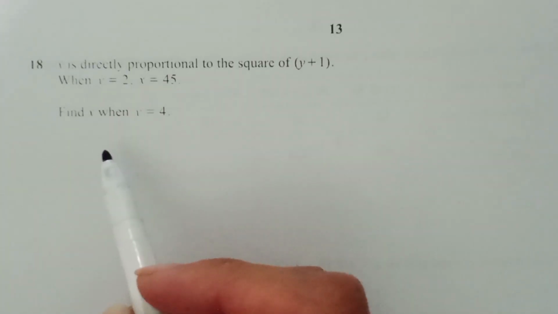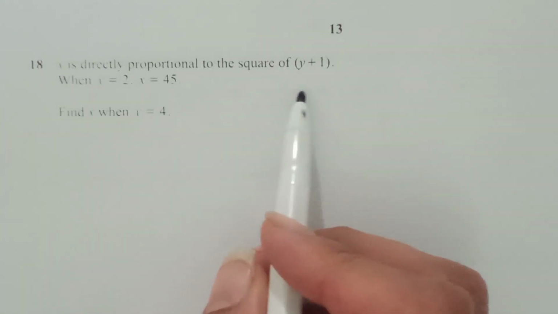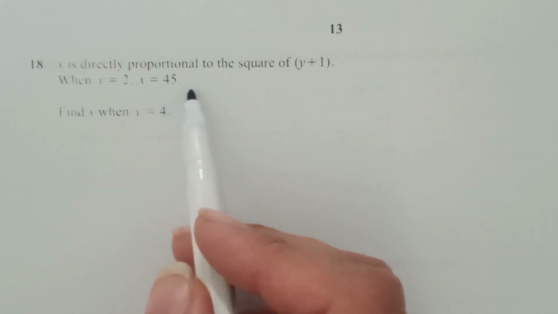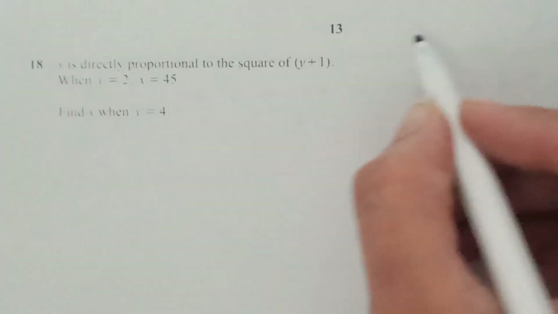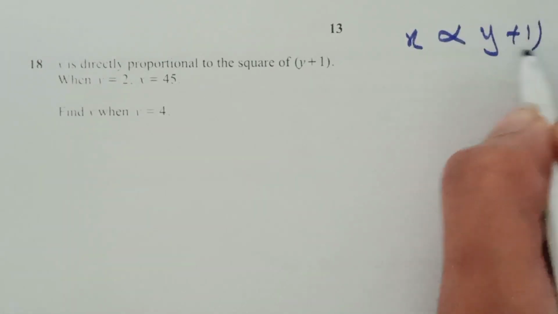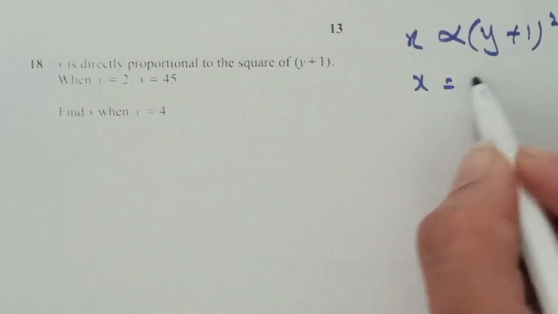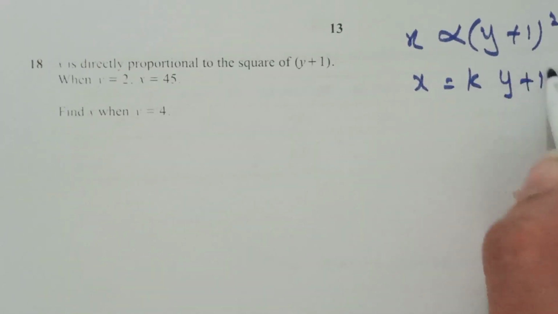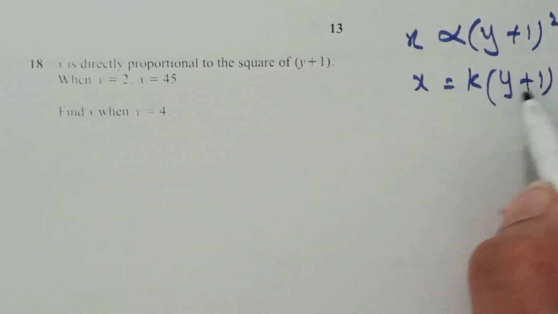Now students, question number 18. x is directly proportional to the square of (y plus 1), and when y is equal to 2, x is equal to 45. Since x is directly proportional, the proportionality sign is replaced by a constant k, so x equals k times (y plus 1) squared.